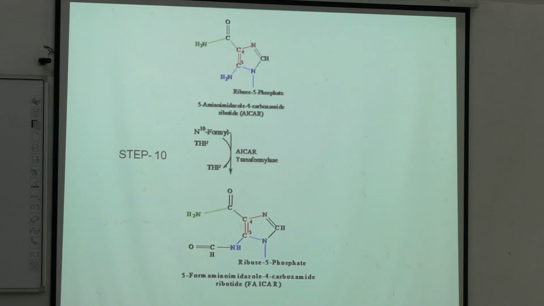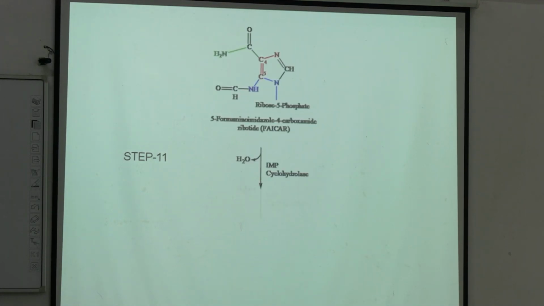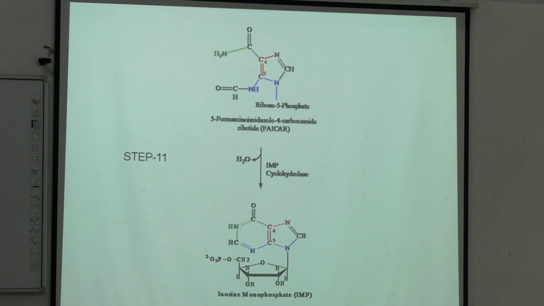Next, last step, it is again cyclized to form inosine monophosphate, the basic compound, the starting compound for synthesis of other purines. Right? Other purines. Inosine monophosphate. IMP cyclohydrolase. Now, up to this, you are not required to remember. Very rarely they ask. If this year they ask, then that is your most bad luck. Okay? 99% chance it will never be asked.